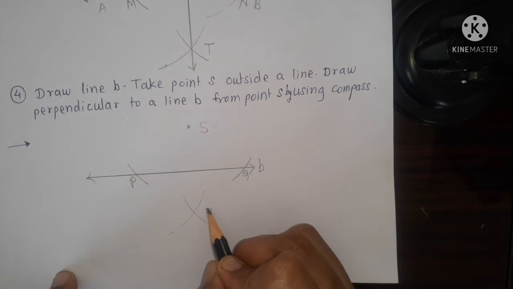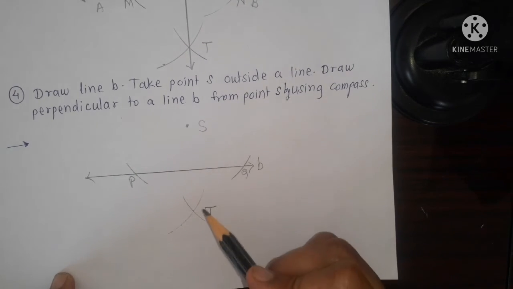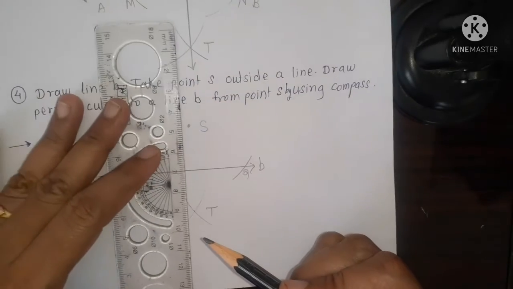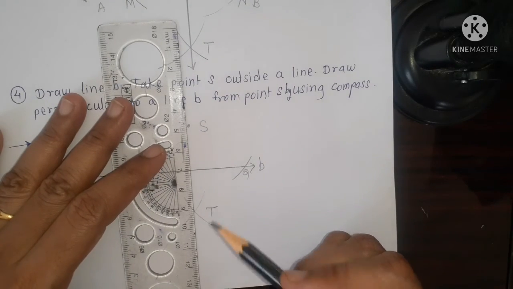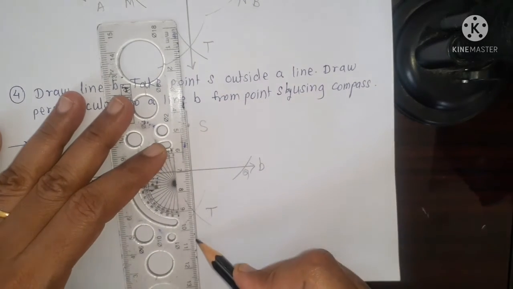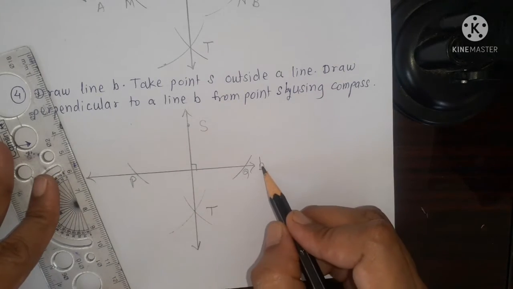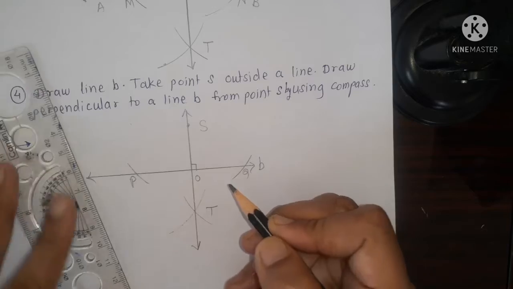We get point T. Now we can join S and T. Draw a line passing through points S and T. We get line ST, which is perpendicular to line B at point O.